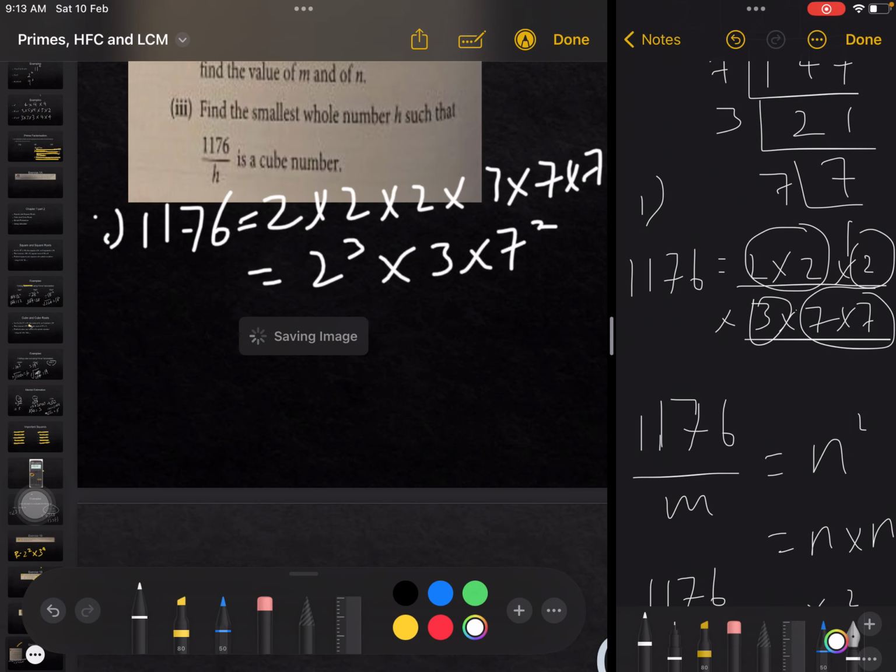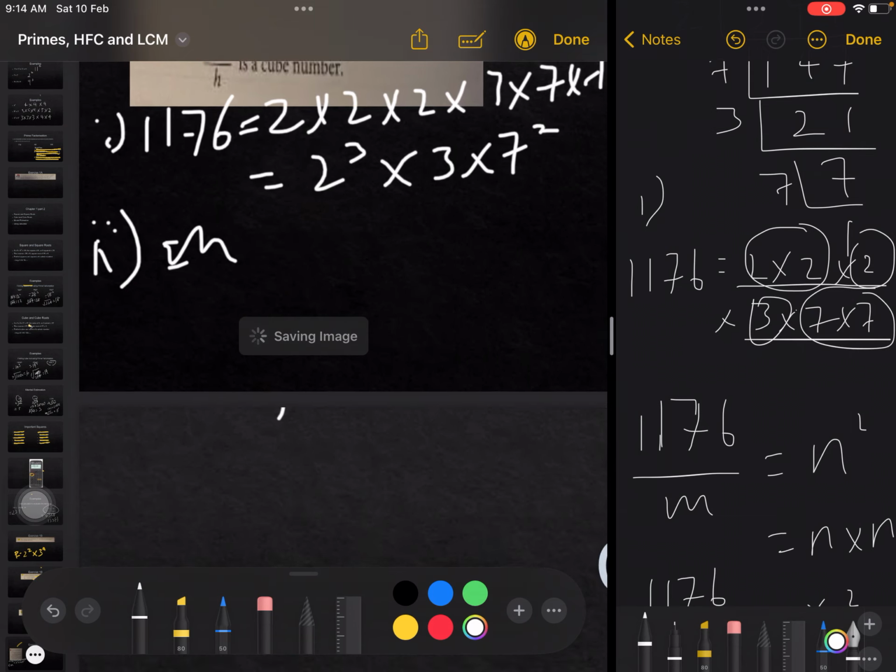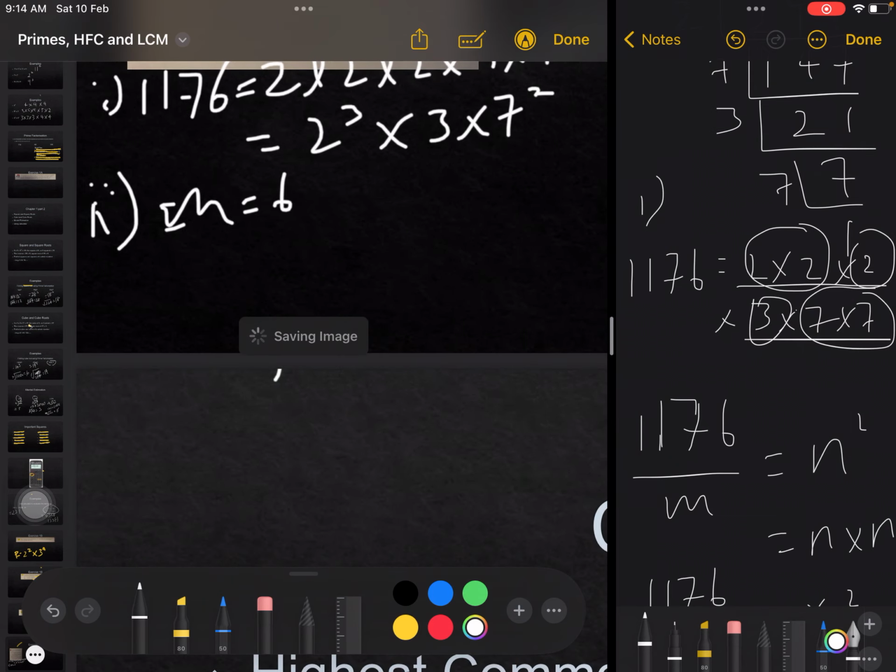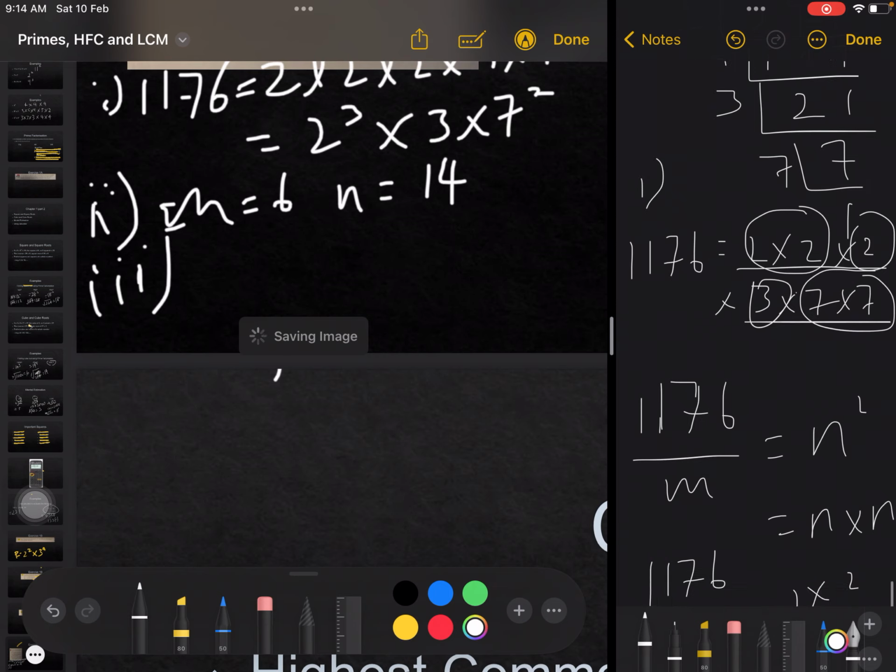This is the first part. Then for part ii, the answer is m equals 6 and n equals 14. Now let's find part iii.